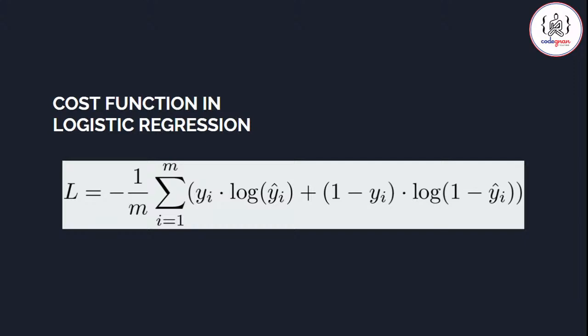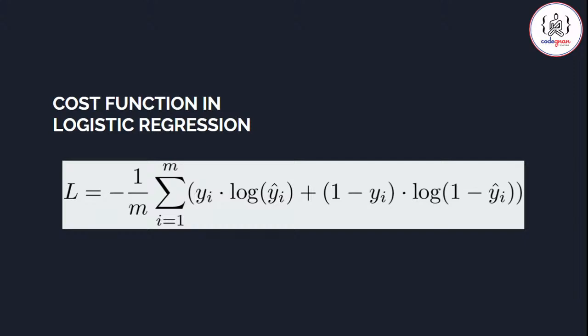Then we take the summation of i equals to 1 to M. So for your total predictions, you are taking this summation where yi is your actual value into log of your predicted value, yi cap, plus 1 minus yi into log of 1 minus yi cap.